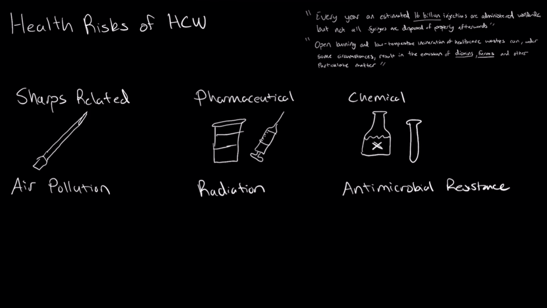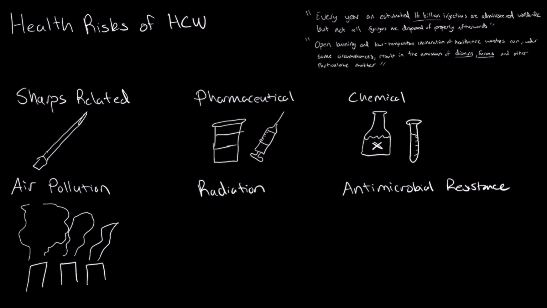Next is pharmaceutical. We talked a little bit in the first section about these drugs needing to be disposed of properly. And you can probably imagine that them being spread out into an area could be potentially dangerous for people that are encountering them. Next is chemical. It's pretty self-explanatory. Some of these chemicals are very dangerous. Think of mutamycin or some of these more dangerous or more toxic chemicals.